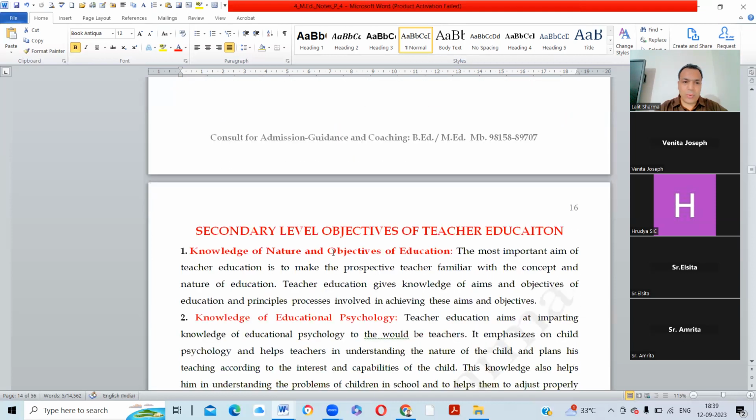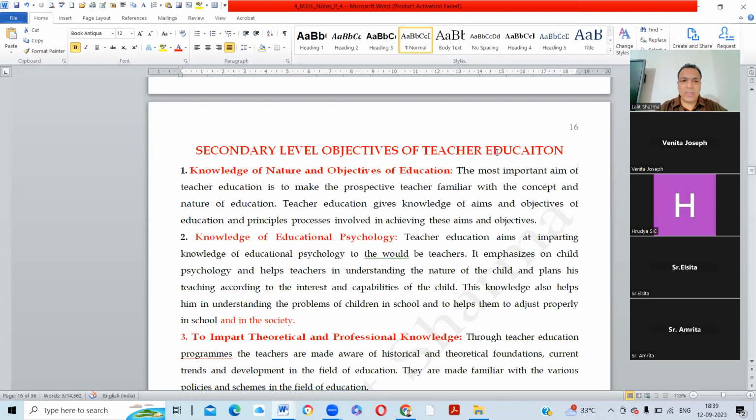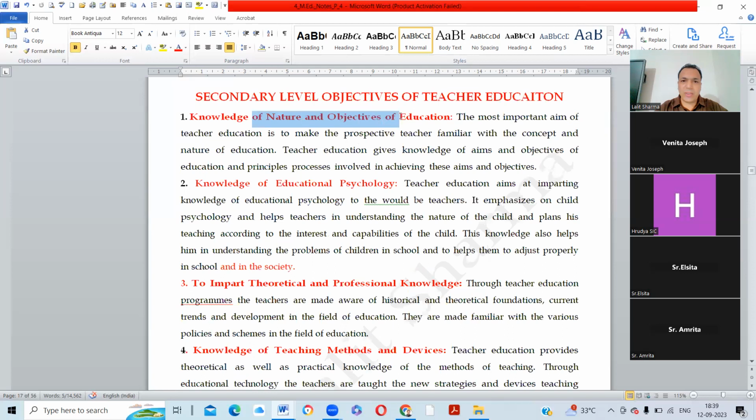तो ये secondary level आपको ये देखिए, secondary level objectives of teacher education: knowledge of nature and objectives of education, knowledge of educational psychology. Naturally, at the secondary level you should have the knowledge of educational psychology, because in semester 1 we have done educational psychology. You should know about the intelligence level, various learning theories, personality, all things we have done.